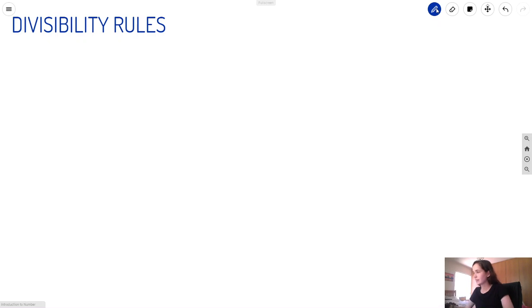So if we want to know whether a number will be divisible by 2, we would look at the last digit. We would see if the last digit is even.